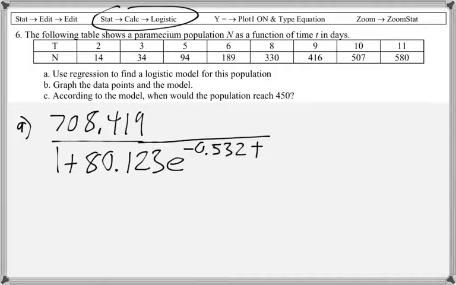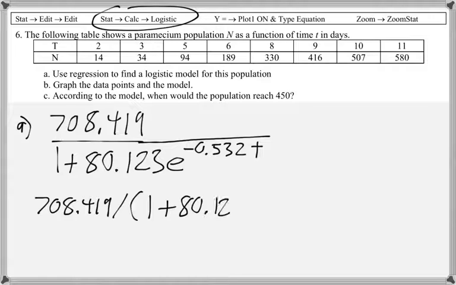And when you put this into your calculator, make sure that you put parentheses around the denominator. So it would have to be like this. Then if you have the older version of the calculator, you may have to put parentheses around your exponent here as well. But if you have the newer version, then you don't have to.